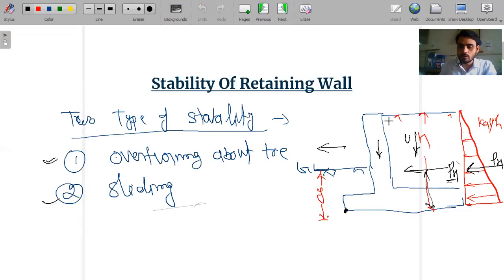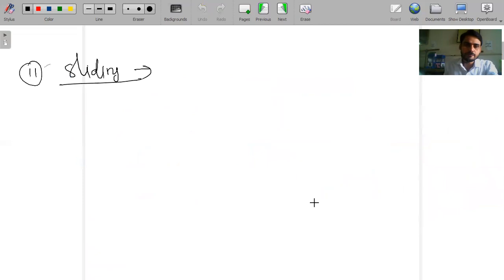So our overall retaining wall may slide in horizontal direction due to the horizontal thrust, and the resistance offered against the horizontal sliding will be offered by the frictional force between the soil below the base of the retaining wall and the base. The frictional force which will act between the base concrete and the soil will resist the sliding of the retaining wall.